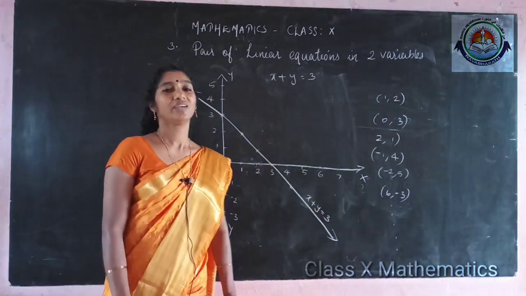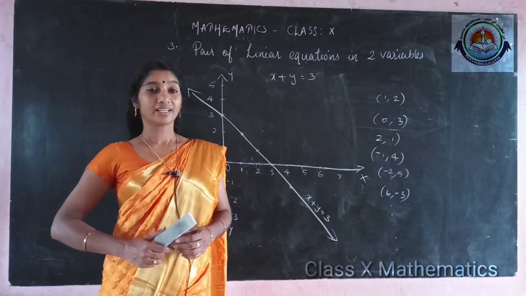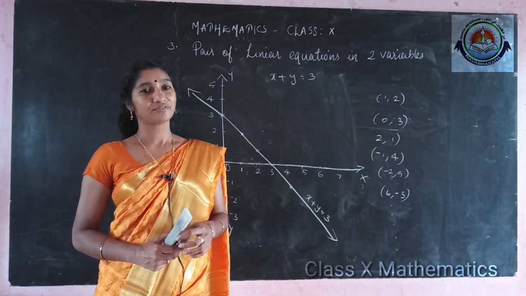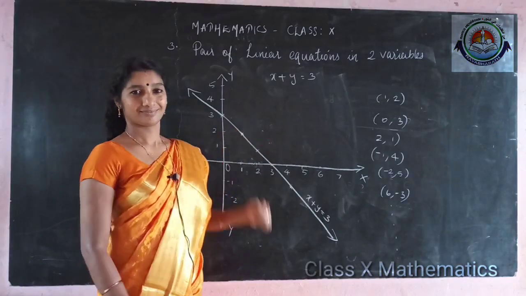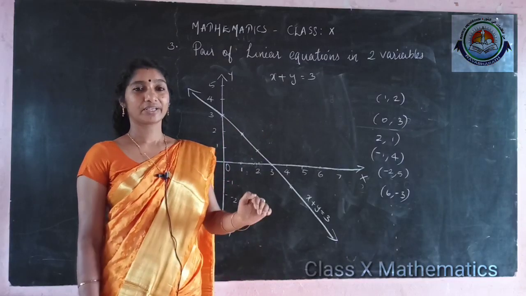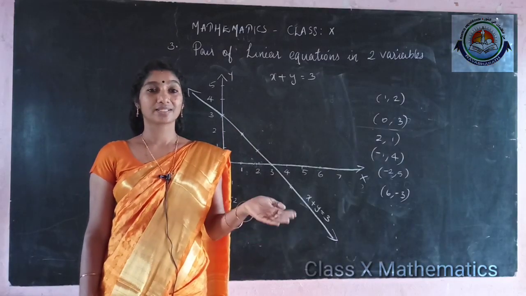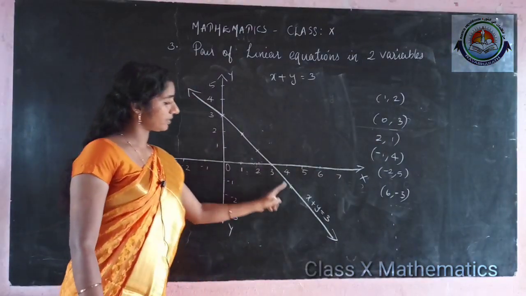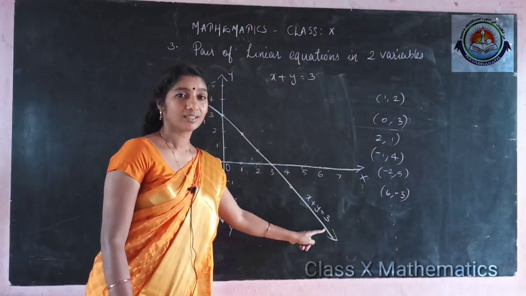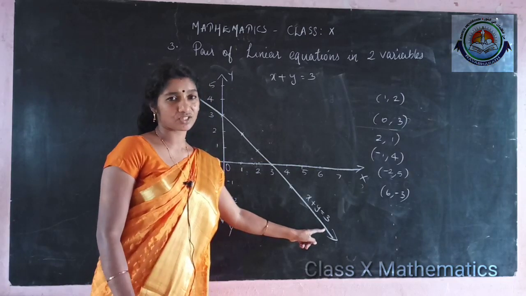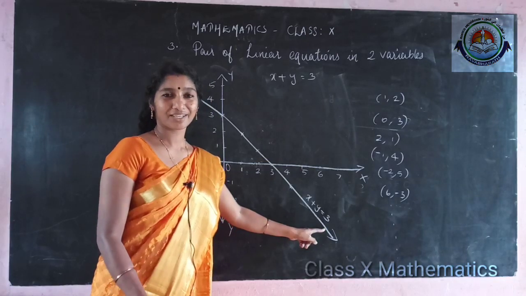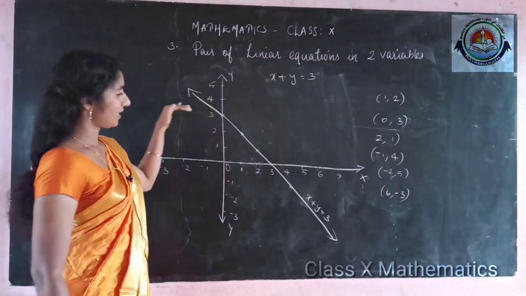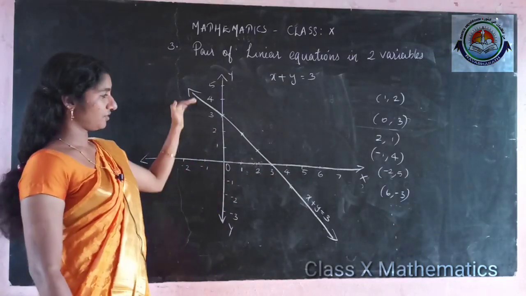That means we are getting the graph of a linear equation in two variables as a straight line. Linear equations in two variables graph represents a straight line. And see how many points will be there on the straight line? Infinite points will be there on the straight line. Correct now? Okay. So like this we will get the solutions, infinite solutions.